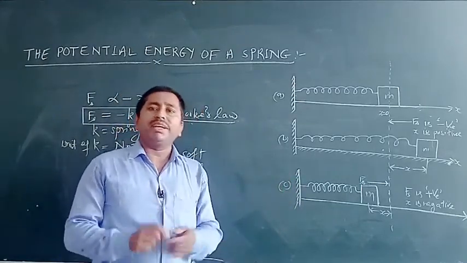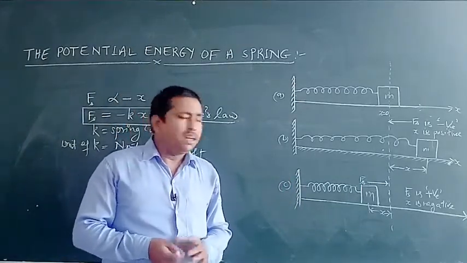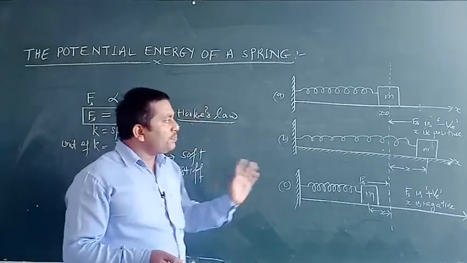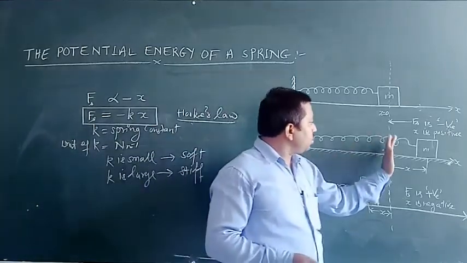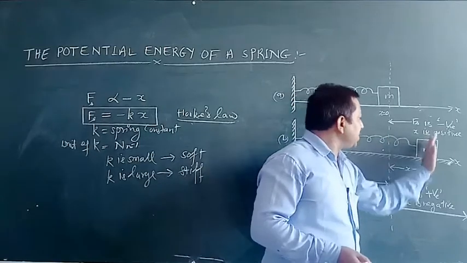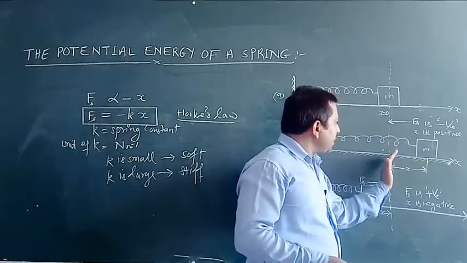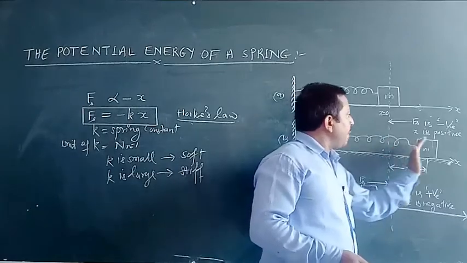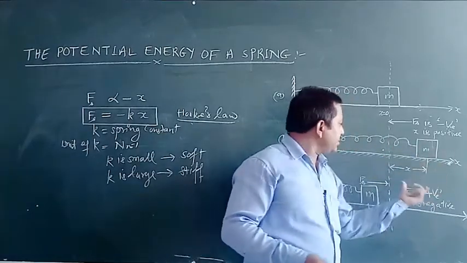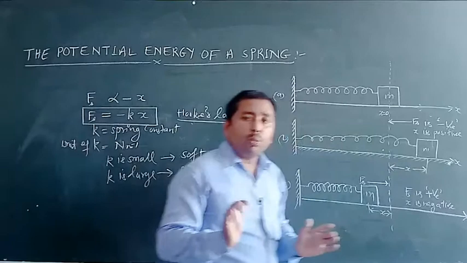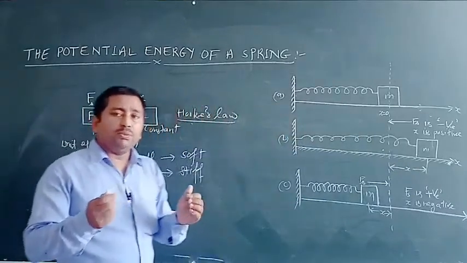So Fs can be considered as a variable force. If the object is displaced from 0 to a maximum extent, that is xm, then for displacing that object from 0 position to the maximum position, that is maximum displacement xm, what will be the work done?